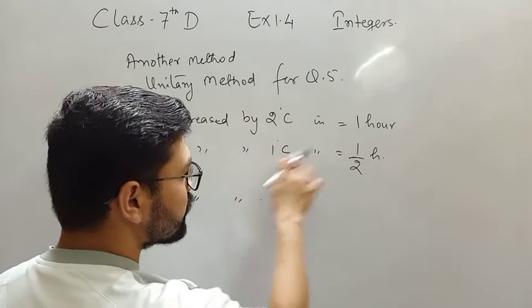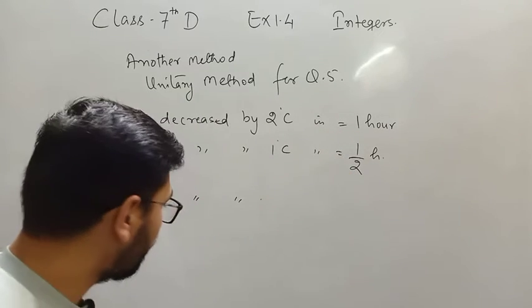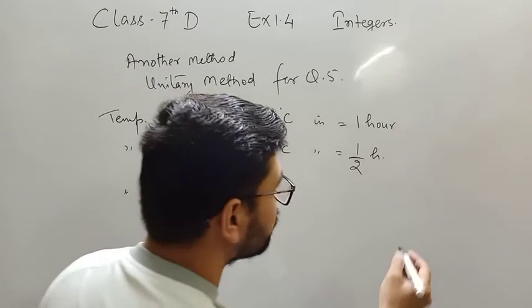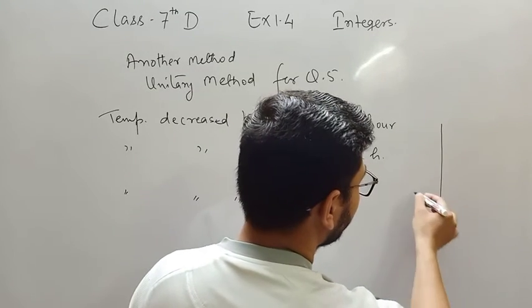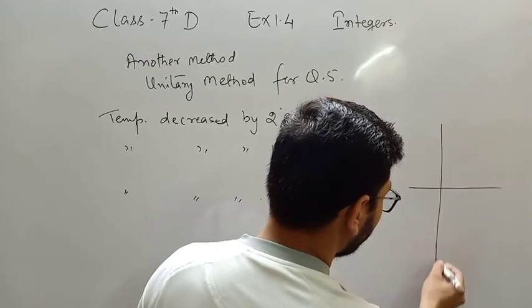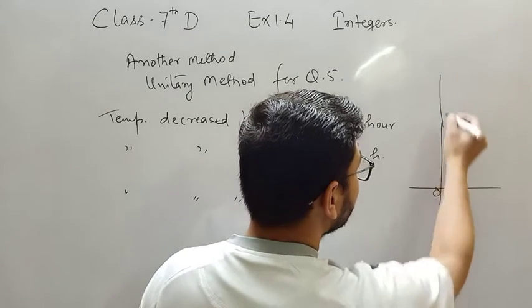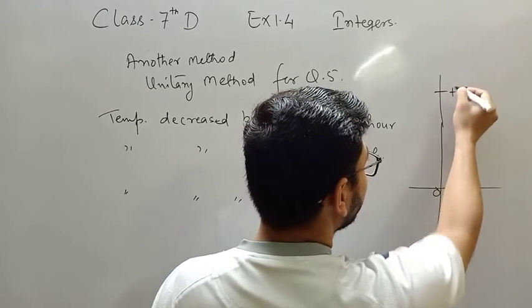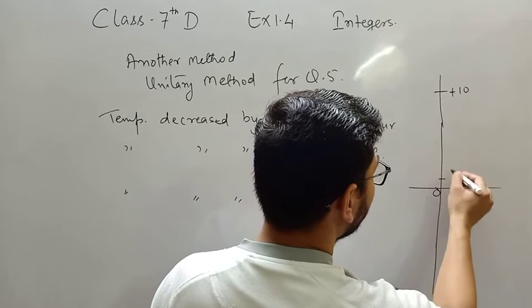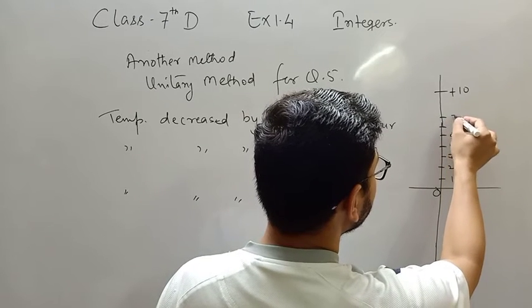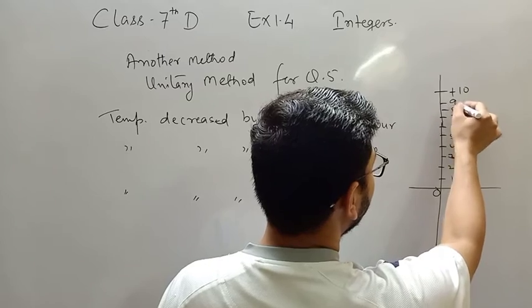So 1 degree Celsius 1/2 hours में. अब बेटा प्लीज see here, initially the temperature was +10, right? So 1 2 3 4 5 6 7 8 9.